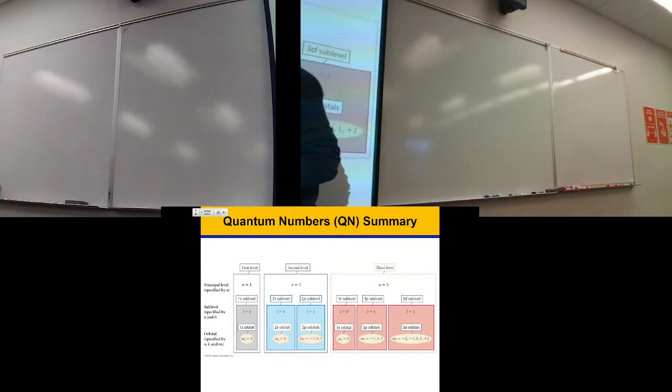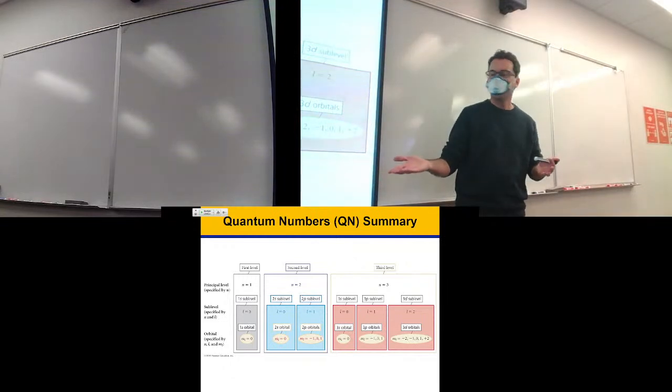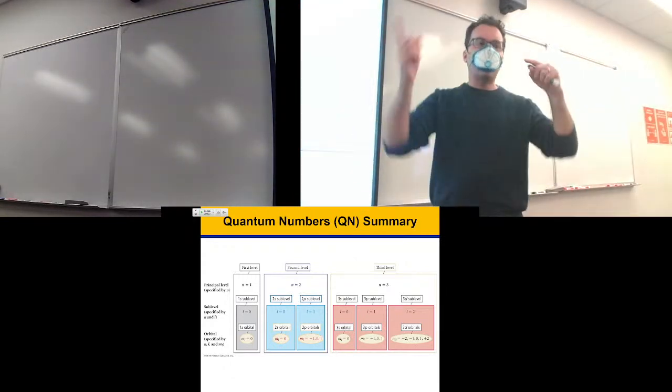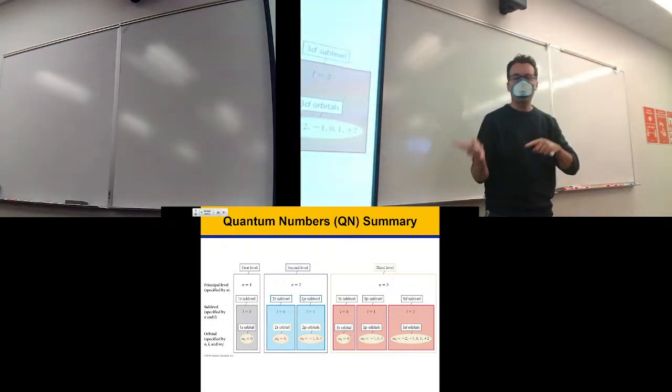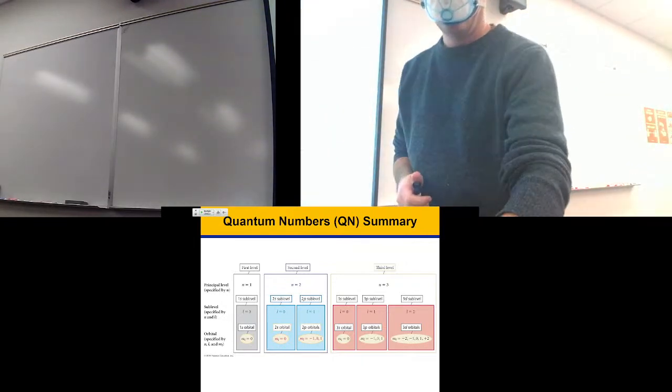So if there are 3 m sub l values, that means there are 3 p orbitals. That's kind of what it means. And they govern the orientation, which particular kind of p orbital. Is it the z-axis one, the y-axis one, or the x-axis one? However you define those.